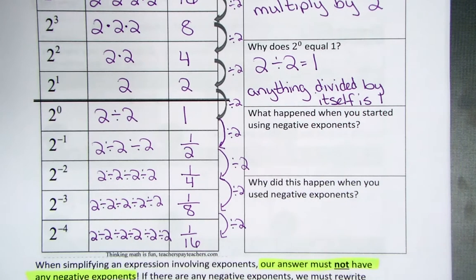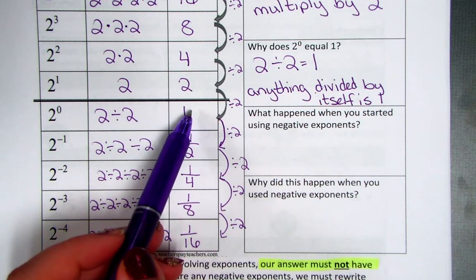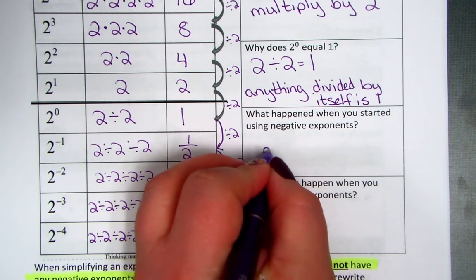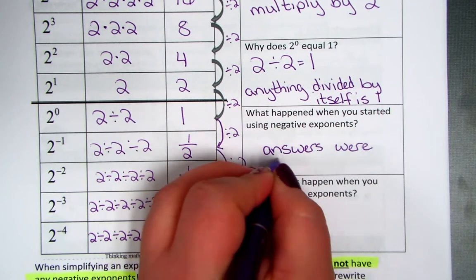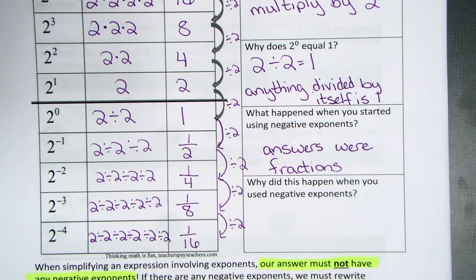What happened when you started using negative exponents? As soon as we switched over from positive exponents to negative exponents, our answers became fractions. Finally, why did this happen when you used negative exponents? Well, as we went backwards with the exponents, we had to continue to divide by 2 instead of multiplying by 2 when we moved forward with the exponents.